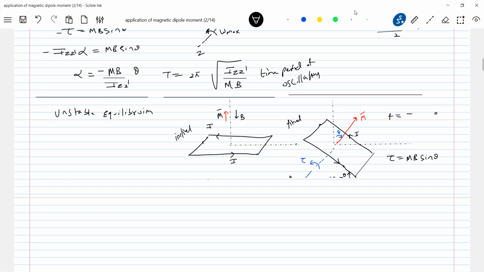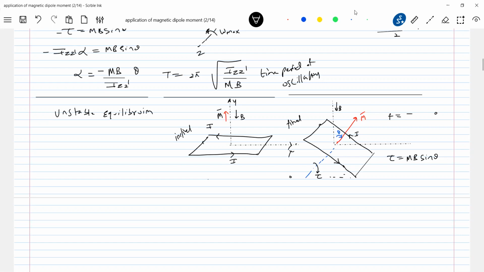So this is the direction of M bar. This is the x-axis, y-axis here. Now B bar is acting here. Now how will the torque act? Not in this sense, it will act in this sense. And how is theta given? Theta is like this. So how will the torque act? The torque will act in the direction of the angular displacement given to the loop.